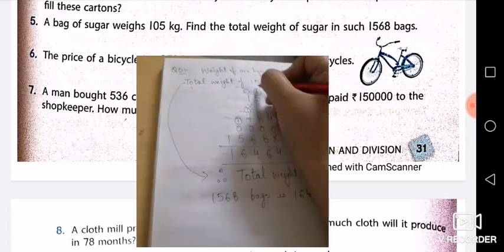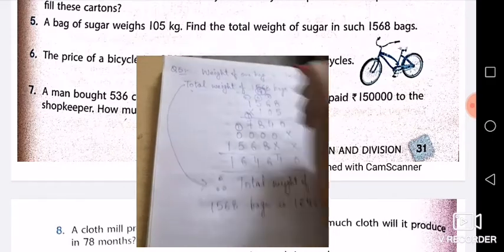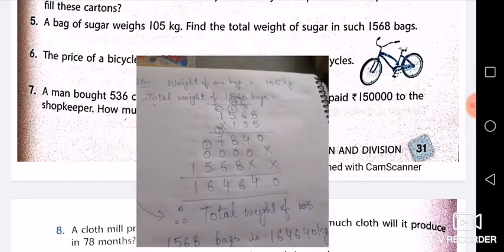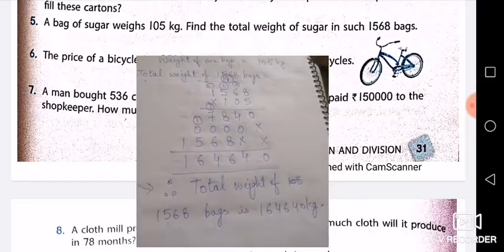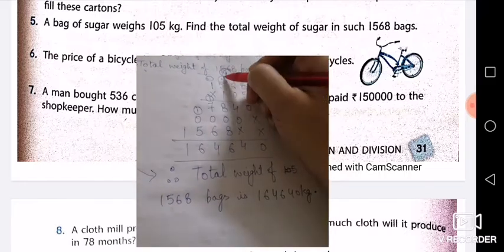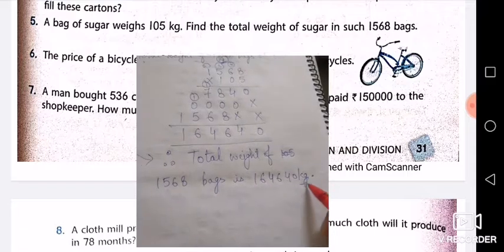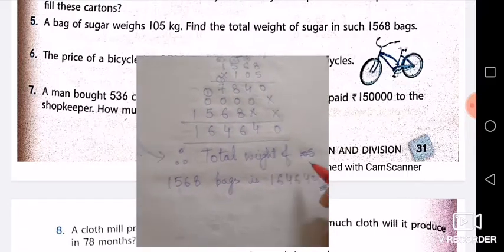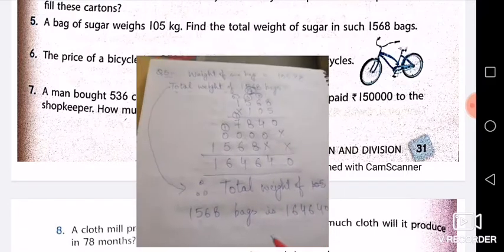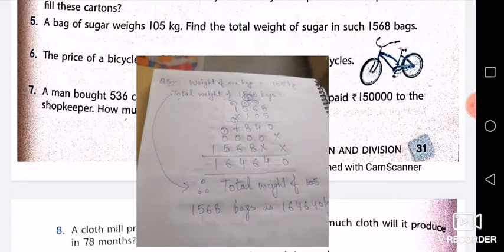Now this kg is very important because this multiplication we have done in kg above. So this answer will come in kg. Okay. Fine. I hope this question is clear to you all.